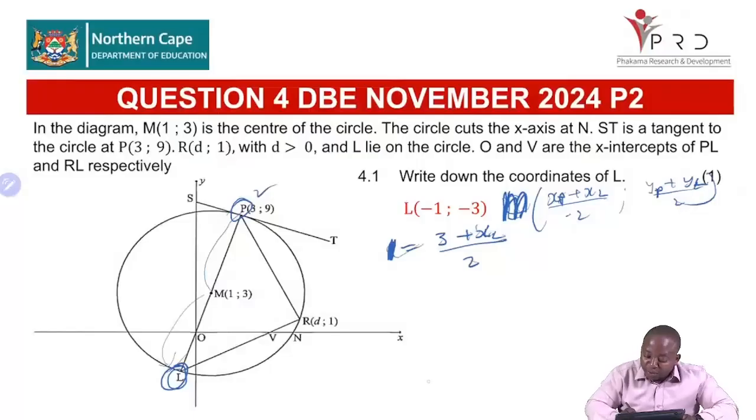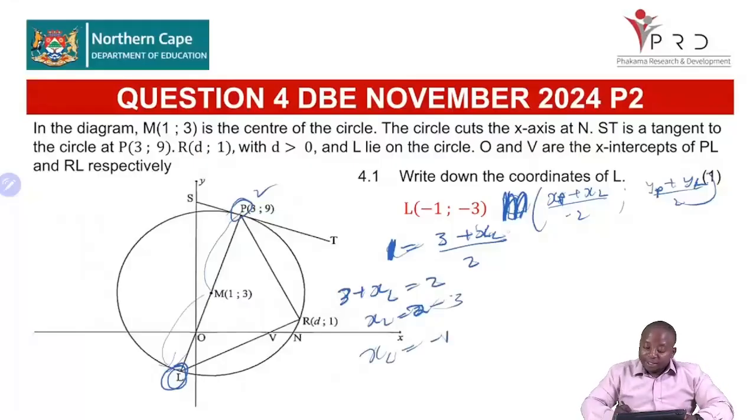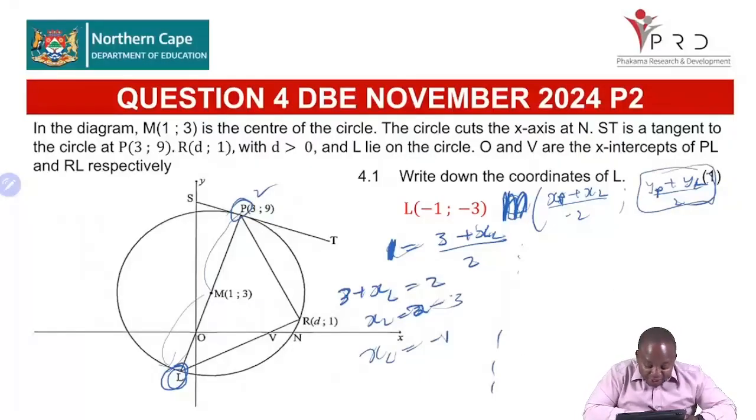When I solve, I get 2 times 1, which is 2. So 3 plus the x coordinate of L is equal to 2. Then xL is 2 minus 3, so xL is equal to -1.